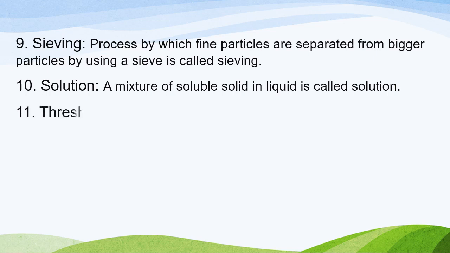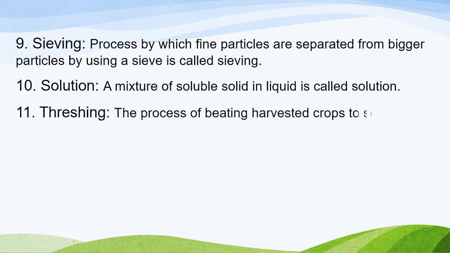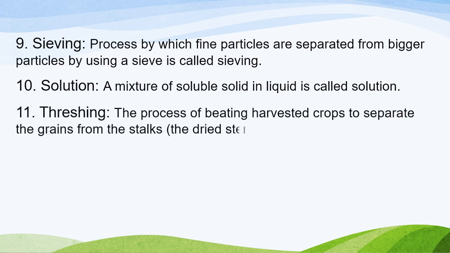Now see what is the 11th keyword. Threshing. The process of beating harvested crops to separate the grains from the stalk, the dried stems, is called threshing. So it is a process of beating. The farmers beat harvested crops to separate the grains from the stalk.